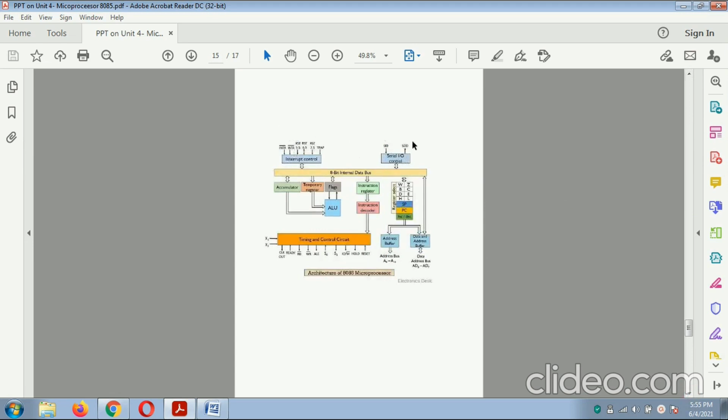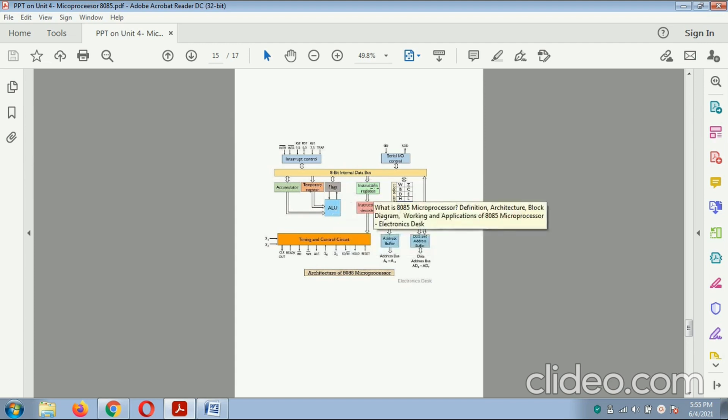And this is a diagram which is related to the microprocessor 8085 in a block diagram. This can be easily understood. This is the interrupt control system and serial control system. It is attached to the 8-bit internal data bus system. The internal data bus system can be connected to the accumulator, temporary register and flag. All this data can be connected with respect to the ALU.